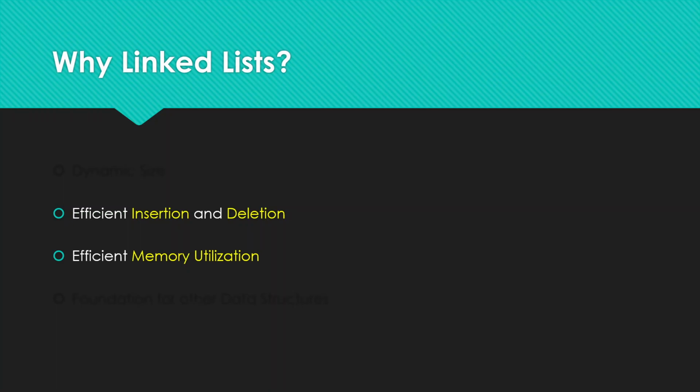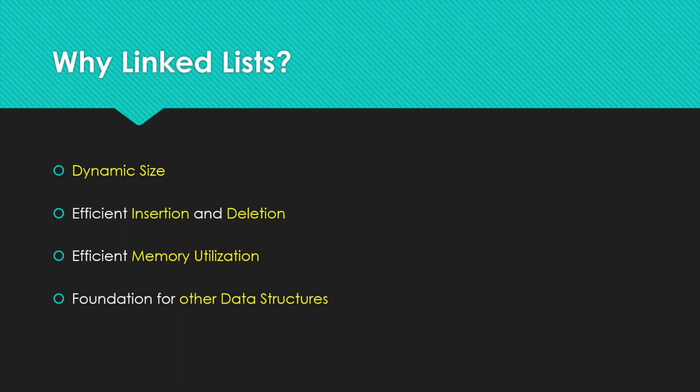So we cannot have empty spaces at any given time, because every node must contain some data. This utilizes memory in a better way, because we cannot have memory that is just sitting there and not being used. Again, it has a dynamic size, meaning that we are able to grow the size of the linked list even at runtime.